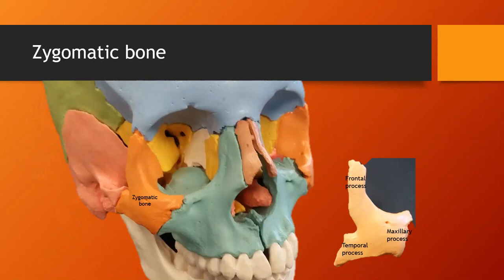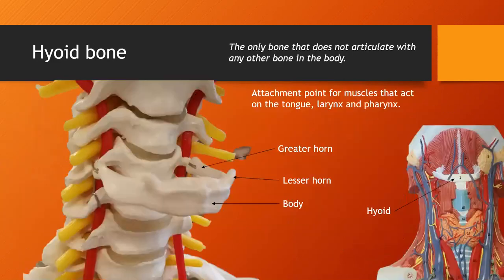All right, number 17 is going to be the hyoid bone. So your hyoid bone is located anterior to your cervical vertebrae.